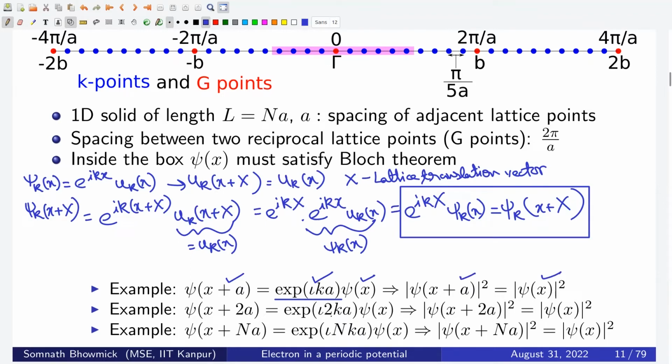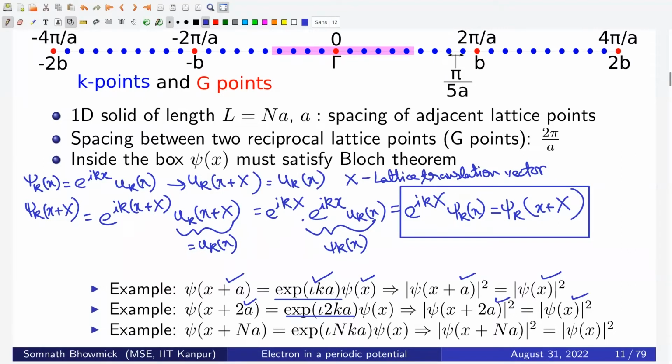Similarly, if we take the lattice translation vector to be 2A, the eigenfunction must satisfy psi of x plus 2A equals e power i 2kA times psi of x. The phase factor e power i 2kA cancels out as we calculate the mod square of the complex wave function, and we get mod psi of x plus 2A squared is equal to mod psi of x squared.